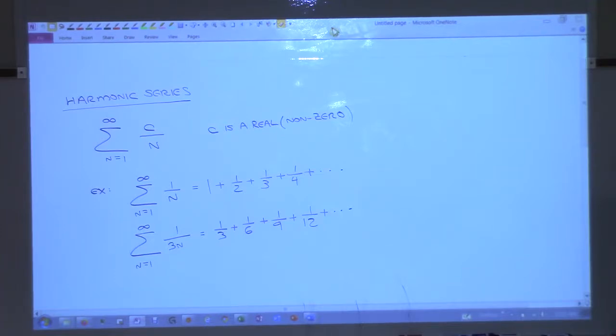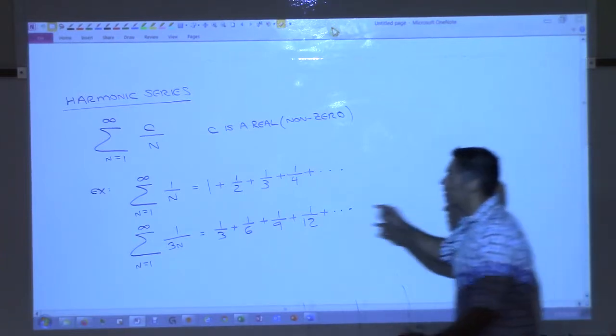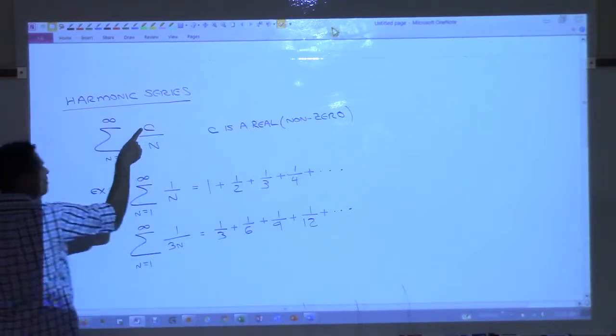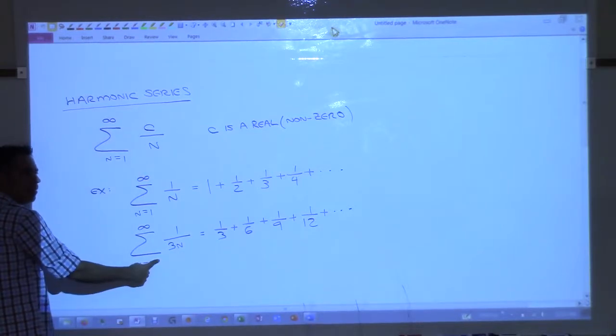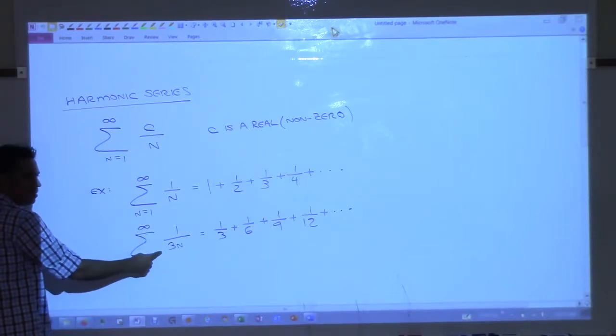What's C then? 1/3. If I replace that number with 1/3, it's really like putting a 3 down here, isn't it? So this is actually a harmonic with C being, sorry, 1/3.